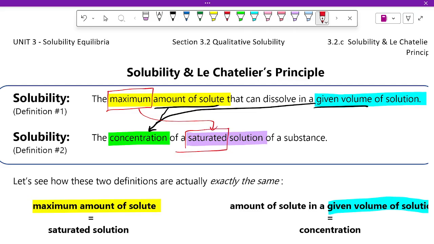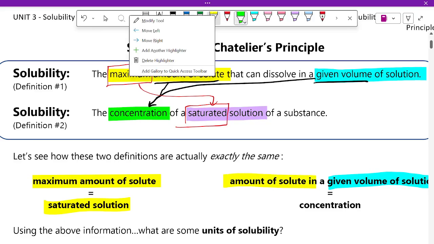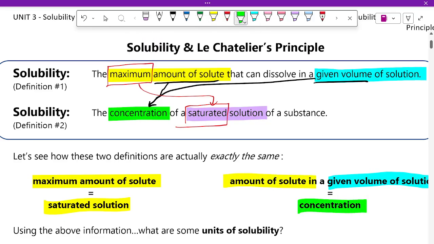So do you see how those two definitions are actually exactly the same? Okay, so maximum amount of solute gives us a saturated solution. The amount of solute in a given volume gives us the concentration.